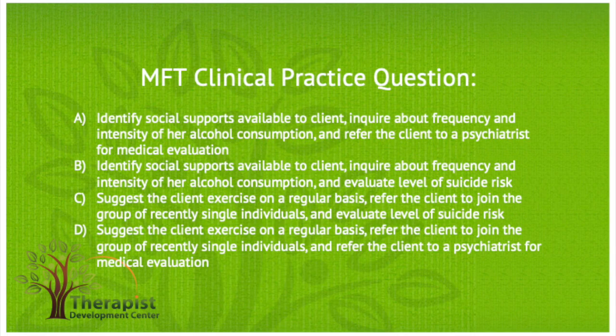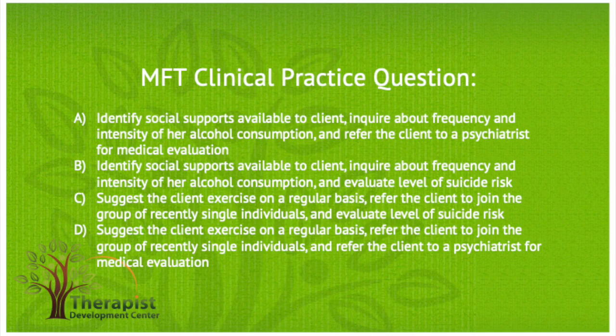A. Identify social supports available to the client. Inquire about frequency and intensity of her alcohol consumption. Refer the client to a psychiatrist for a medication evaluation. B. Identify social supports available to the client. Inquire about the frequency and intensity of her alcohol consumption. Evaluate level of suicide risk.